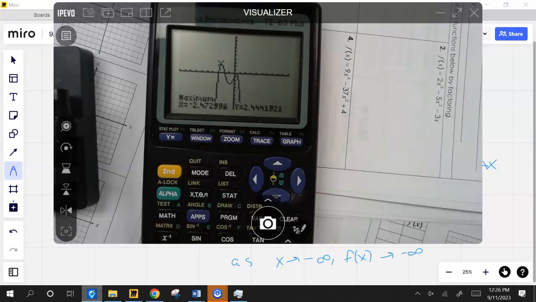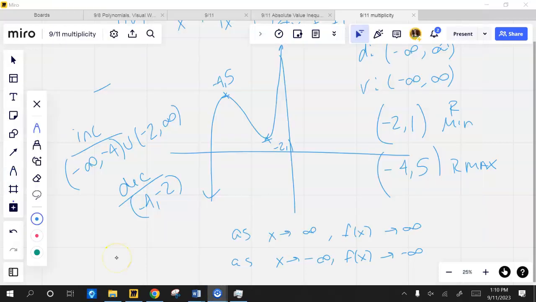Anything else? I don't know. What number was that, Sullivan? 11. Right. All right, that's how we do it.